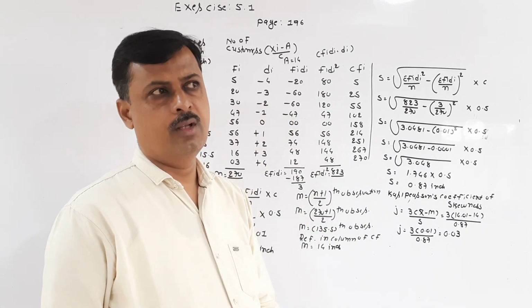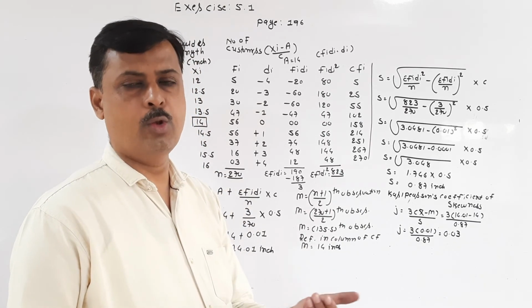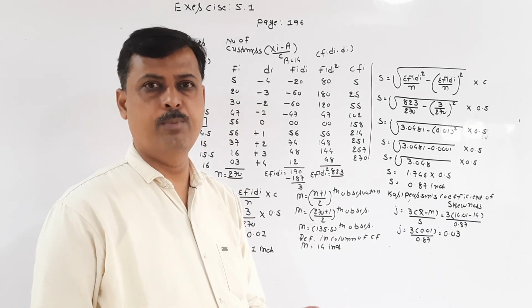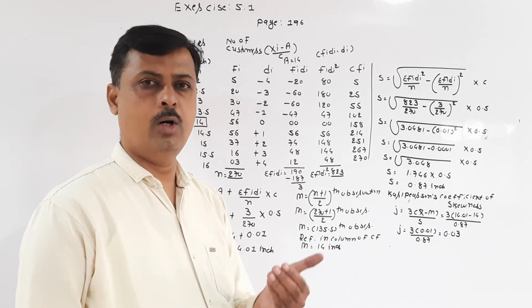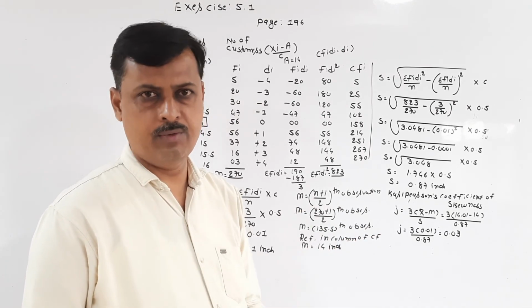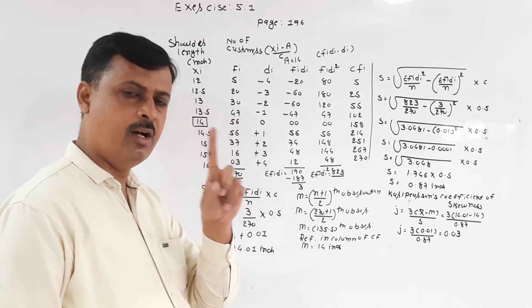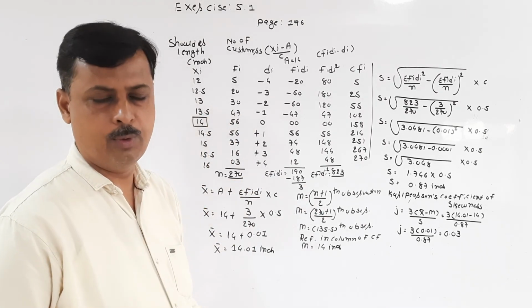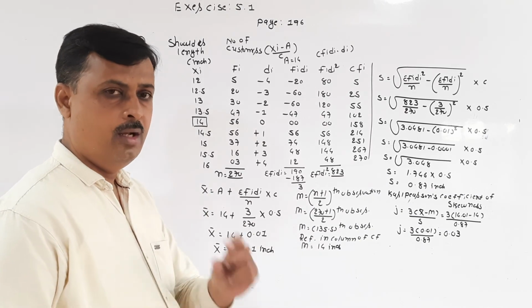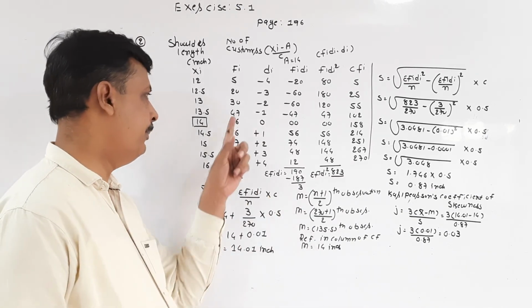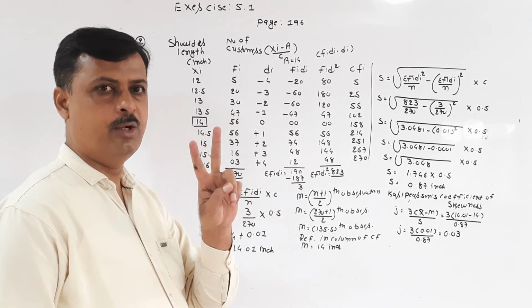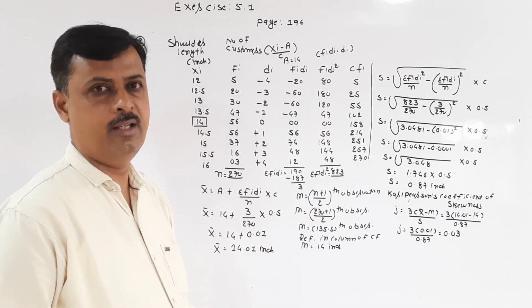Now, in this example, mode is not possible because mode is the observation having maximum frequency. If the maximum frequency 56 occurred only once, it would be possible to find the mode, but here the maximum frequency 56 is repeated 2 times, so mode is not possible.